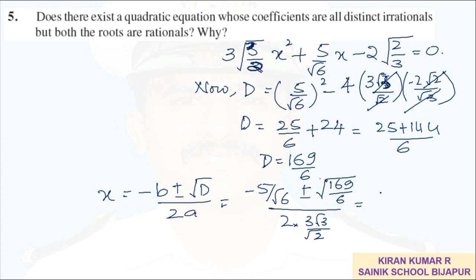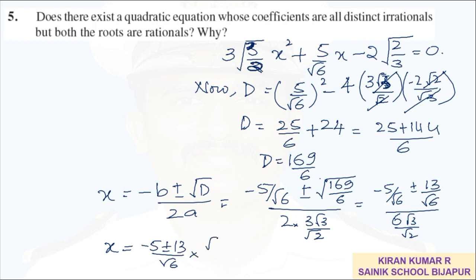Further simplify this: it is 5 by root 6 plus or minus square root of 169, which is 13 upon root 6, divided by 6 root 3 divided by root 2. So x value we get, we have to take the LCM, it is minus 5 plus or minus 13 by root 6 multiplied by the reciprocal, root 2 by 6 root 3.